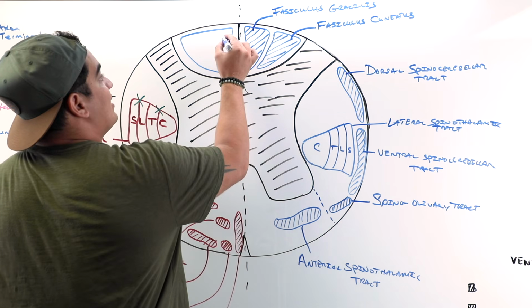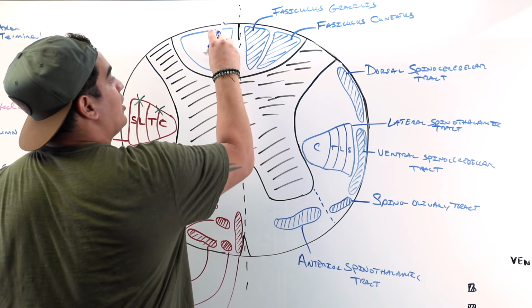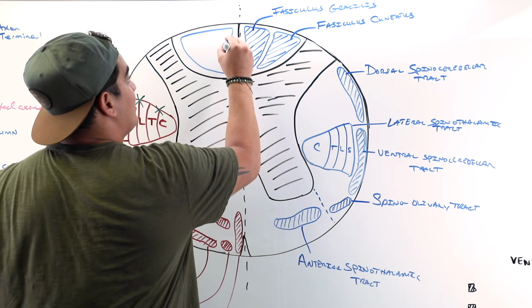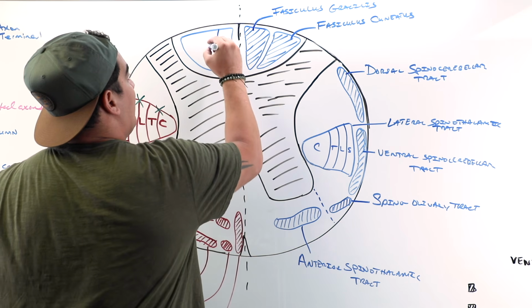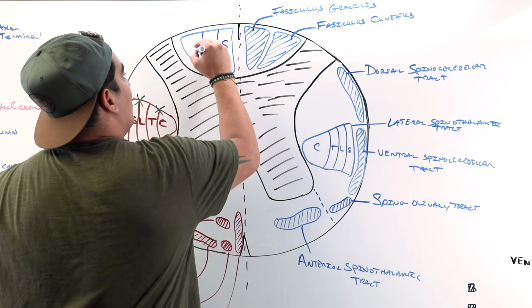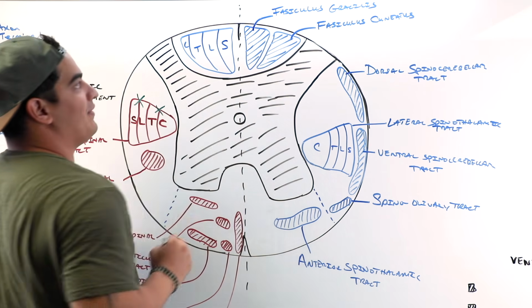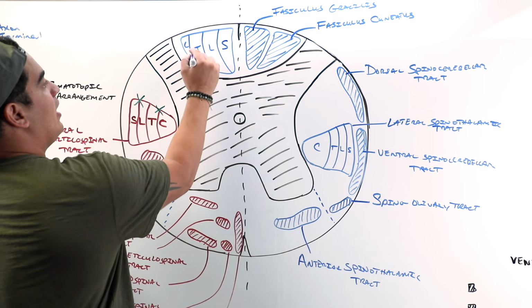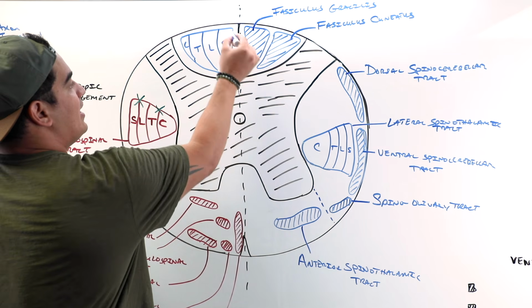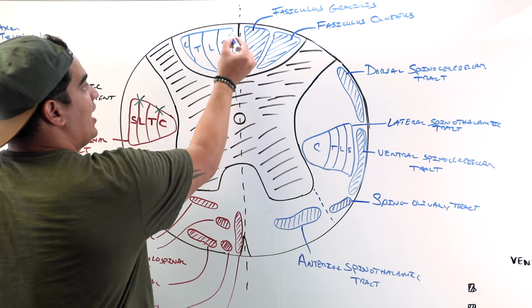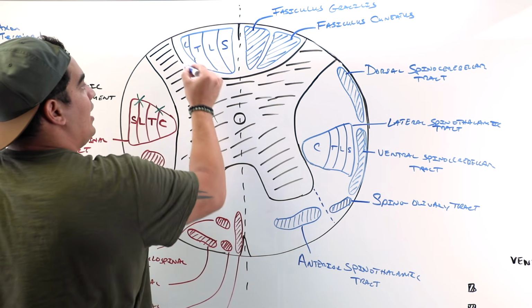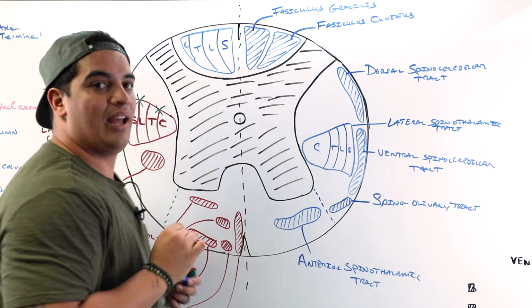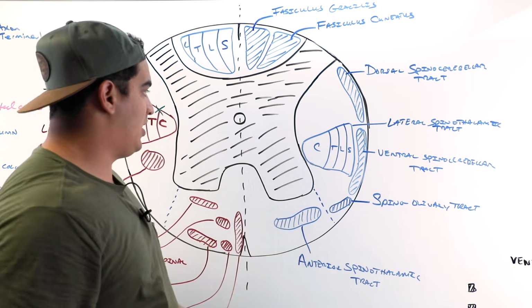So again, if that's the case, then lower extremities are actually going to be in here first. So we have sacral, then lumbar, then thoracic, and then cervical. So technically, the fasciculus gracilis is taking sensory information from the lumbosacral area, and the fasciculus cuneatus is taking sensations from the cervical and thoracic area. Boom, roasted. We hit that.